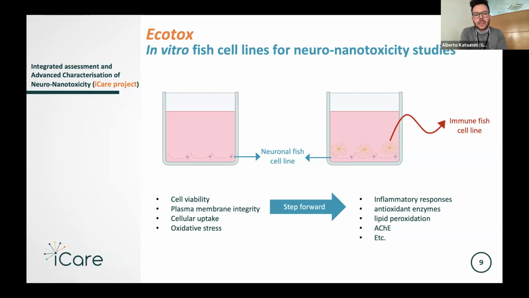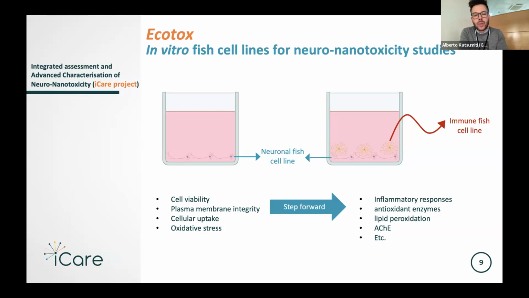So the idea is to test the possibility of having a simple monotypic culture of these neurons, or also the combination of neurons with immune cells, with microglia cells as well, possibly of the same fish species.